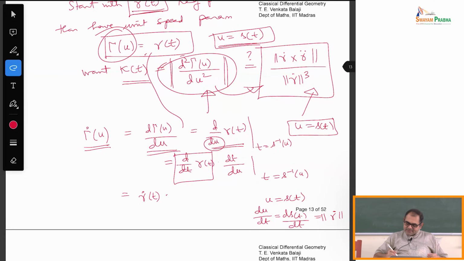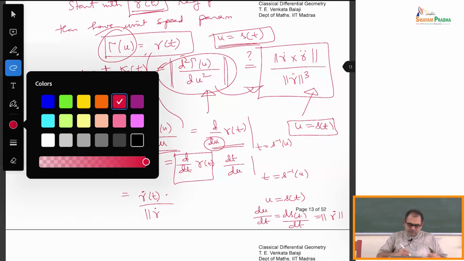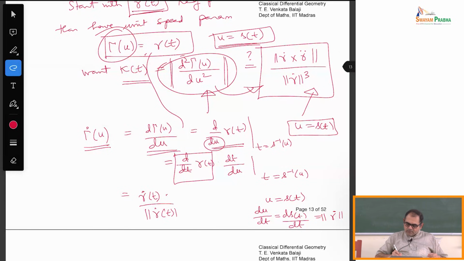The moral of the story is I'll get gamma dot t by norm gamma dot. Let me be careful and put an extra t there initially so that it's clearer, at t equal to s inverse of u.